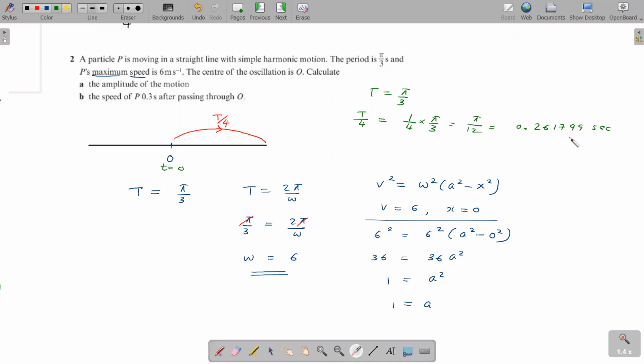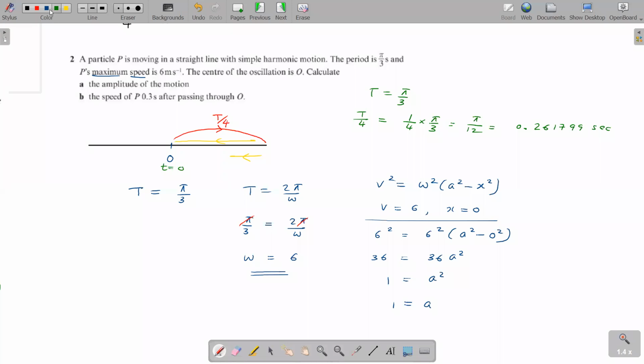Now they are asking us to find the speed at 0.3 seconds. So you need to realize that when 0.3 seconds have passed, you are not in the initial part of the journey. You have actually gone to the amplitude and you're on your way back. At this point, your velocity is directed towards the origin.